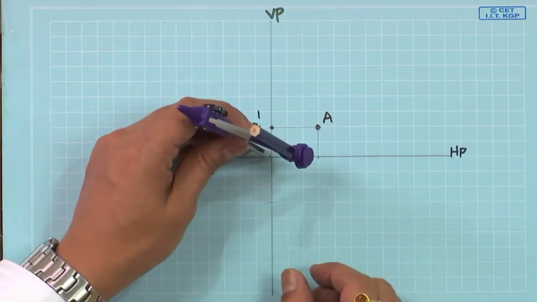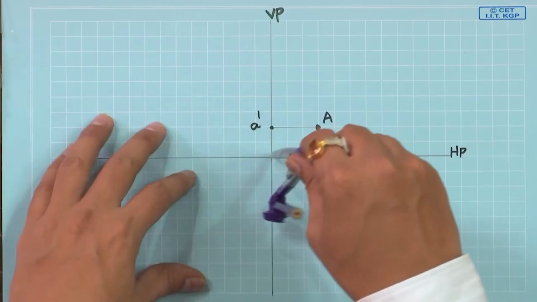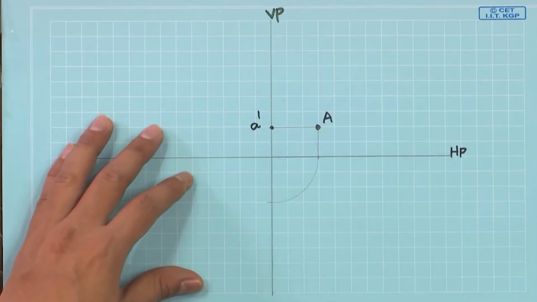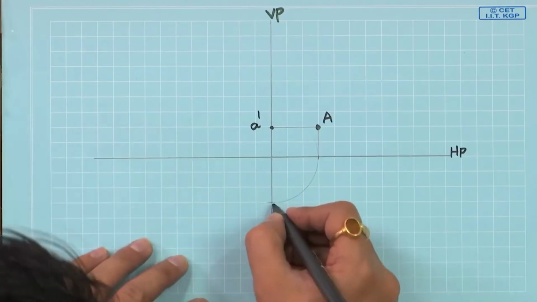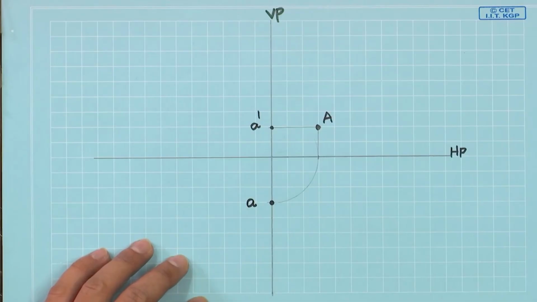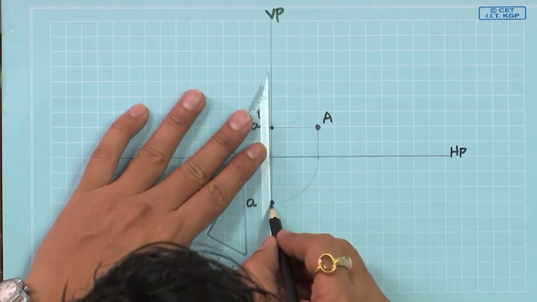The way we transfer is by drawing an arc. Once we are done, this point we call A. So, now darken these lines.